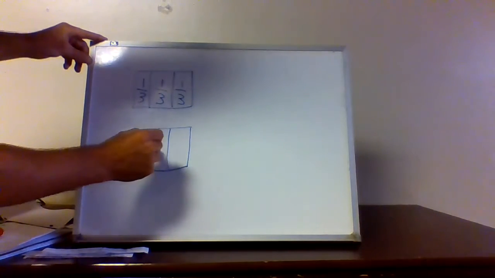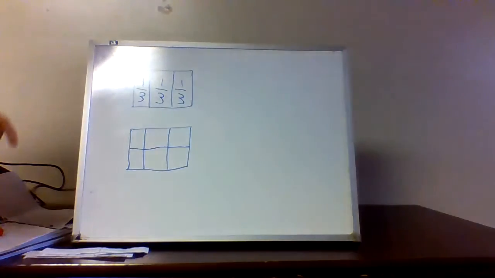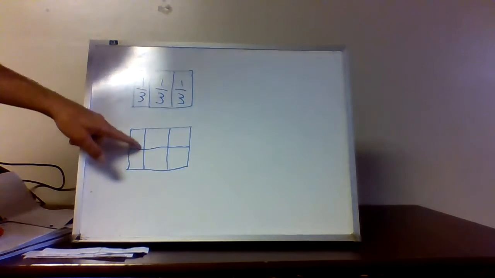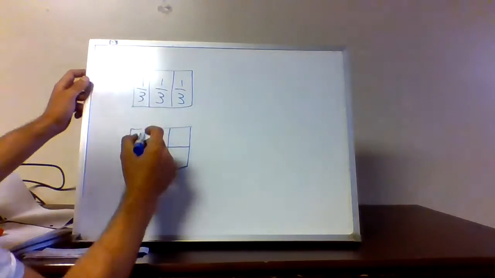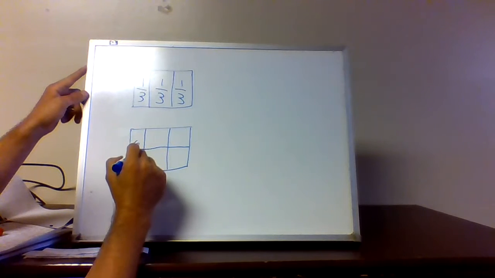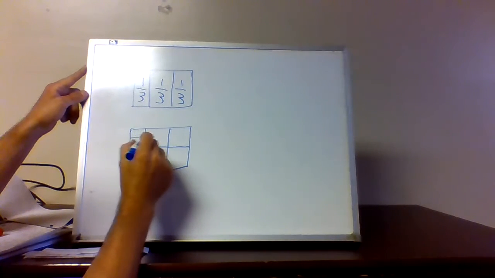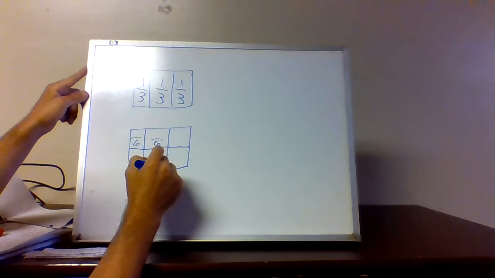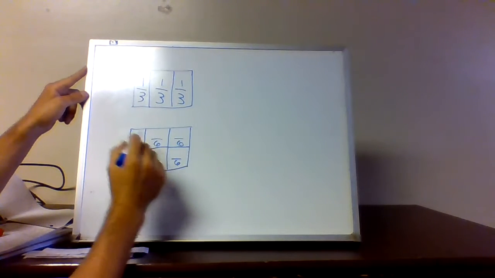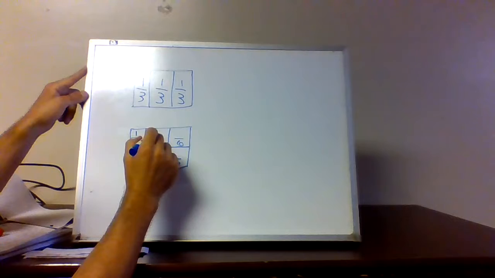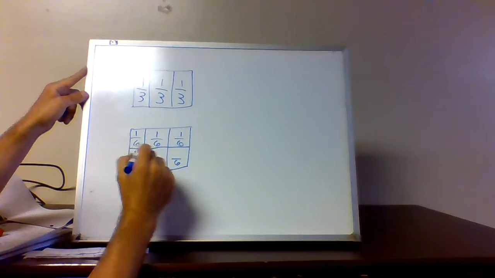And we're going to add a line across the middle. And now we can see that we have 1, 2, 3, 4, 5, 6 total units. So we could say each one of these units represents 6 as the denominator, and each one represents 1 unit fraction of the whole.